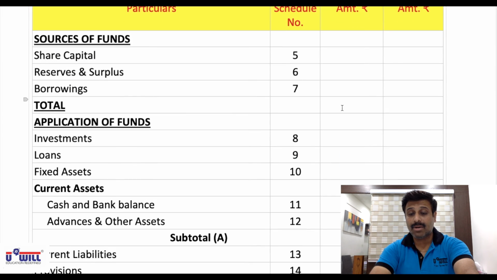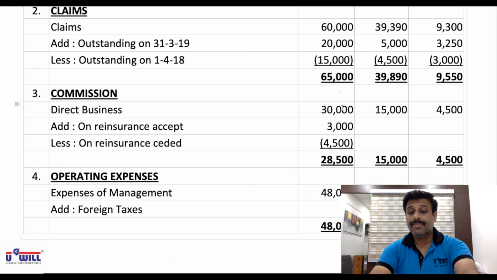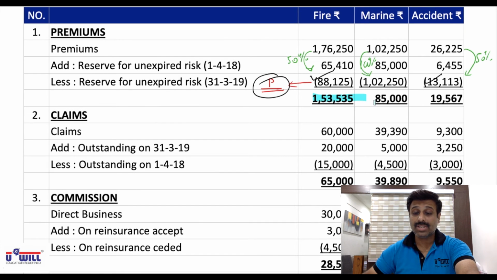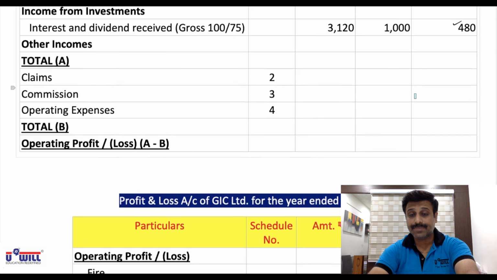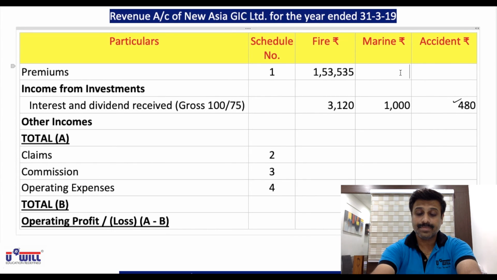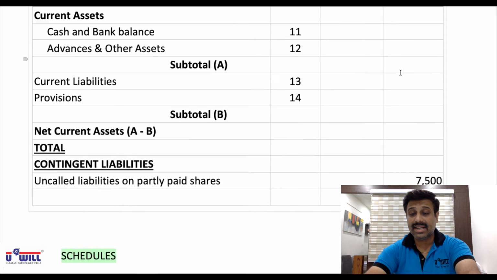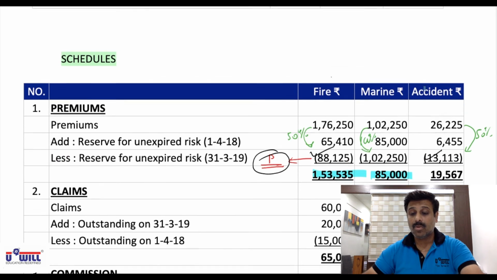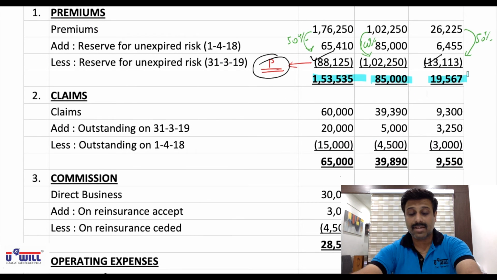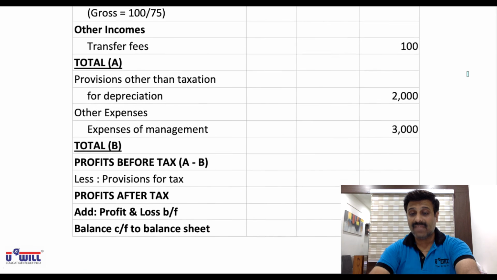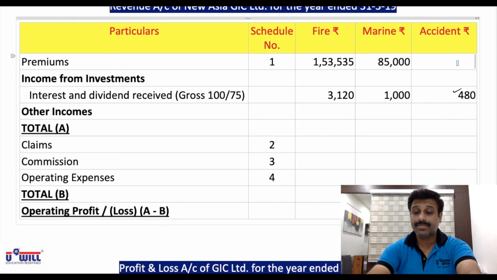Then Marine's amount is 85,000. Okay, premium of Marine is 85,000. And after that, accident premium is 19567.